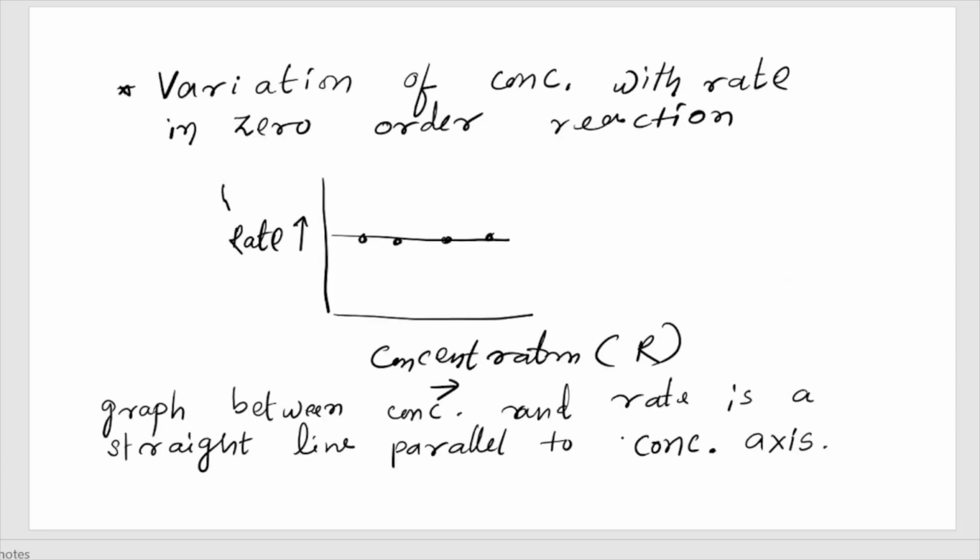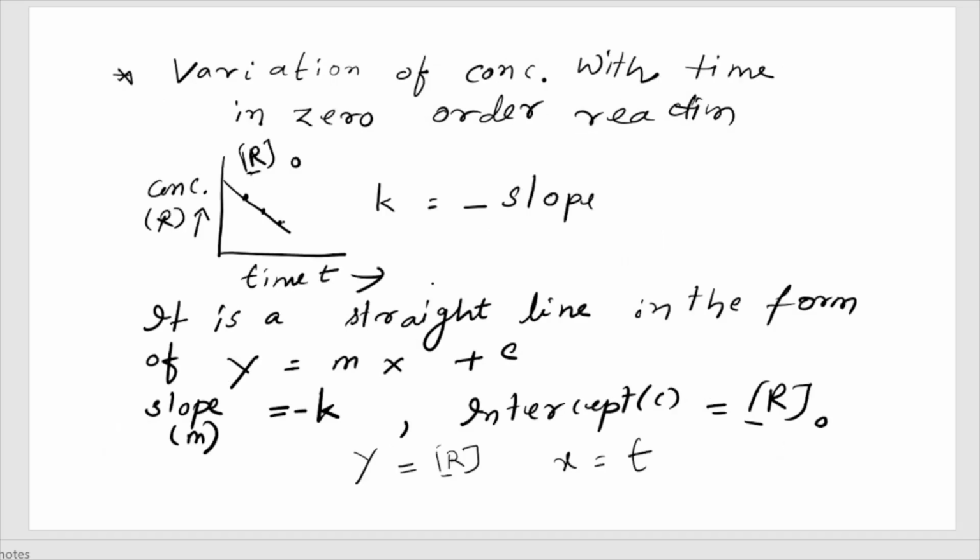This is also the variation of concentration with rate. Rate is on the y-axis, and concentration R is on the x-axis. If you draw the graph, then what happens? You get a line parallel to the concentration axis. You should remember the graphs for zero order, first order, like this.